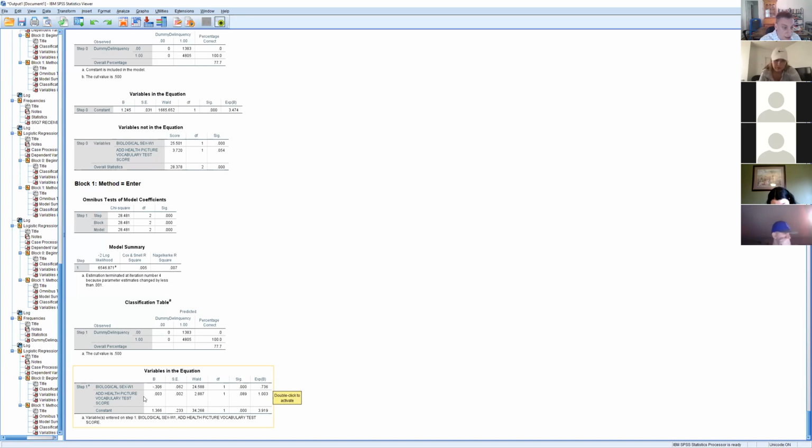This is the effect of the picture vocabulary test. Now it is actually positive, interestingly. I'd expect it to probably be negative, but it is positive. So the higher the score, it's increasing the odds. This is the effect on the log odds. As we exponentiate that, the significance is 0.089, and so that is a non-significant effect.